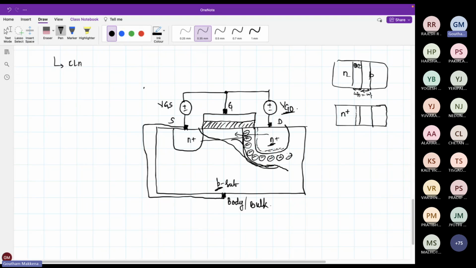Channel length modulation and body effect, these we have to study. Other than that, we do have DIBL, drain-induced barrier lowering, and so many second order effects. At least some 10 to 15 phenomena are there that textbooks usually discuss, but we don't know what goes into them unless you are a physicist working in the clean room.